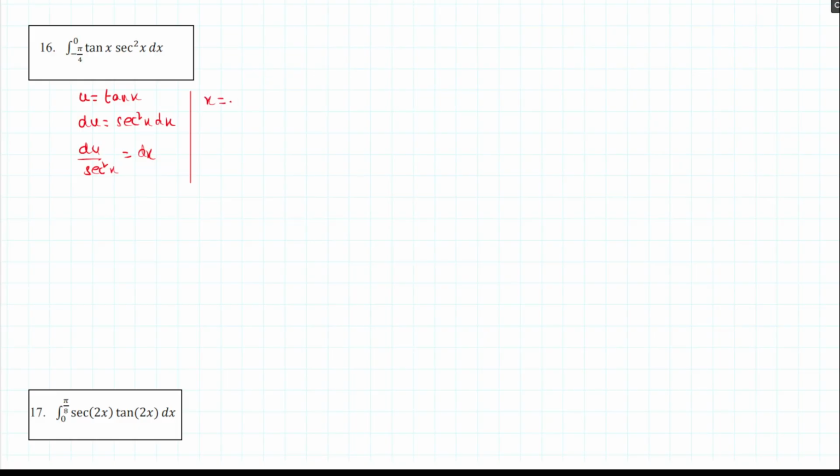When x equals negative pi over 4, what is u? u equals tan of negative pi over 4, which is negative 1. When x equals 0, u equals tan 0, which is 0.